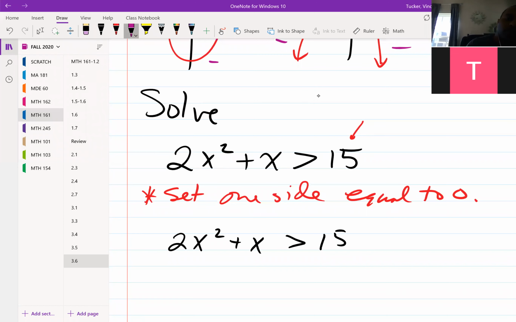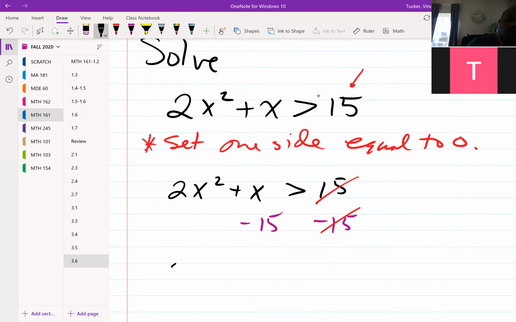We'll subtract 15 from both sides. So now we have 2x squared plus x minus 15 is greater than 0.